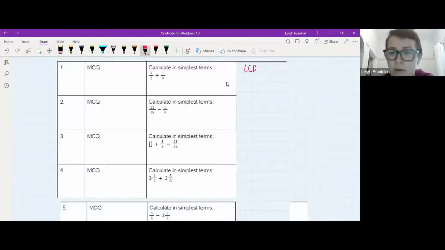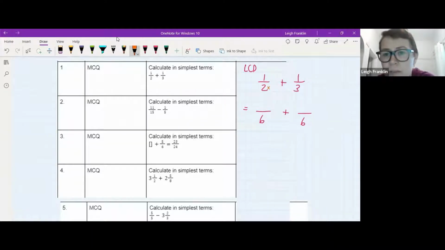6. I agree. So we would have 1 over 2 plus 1 over 3, and we want to turn them into equivalent fractions out of 6, as Patson has said. So we would multiply that one by 3 and this one by 3, and we would multiply this one by 2 and that one by 2.